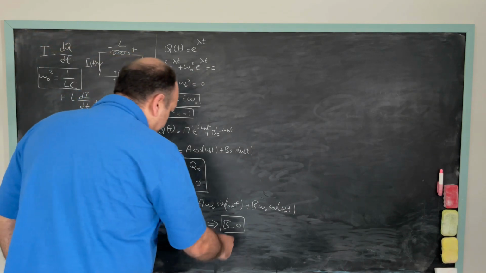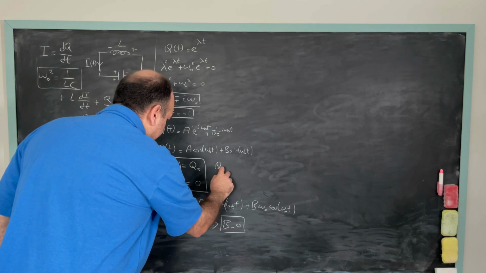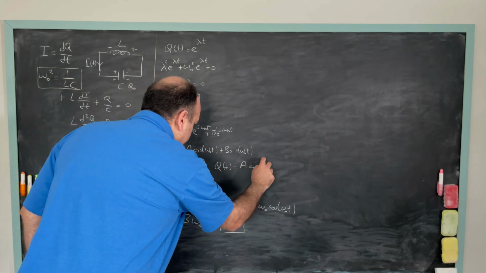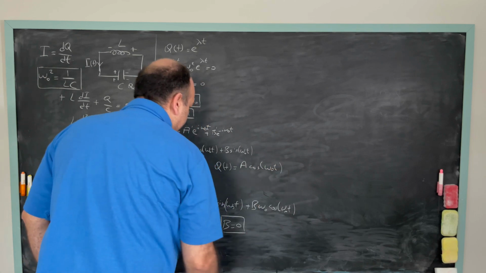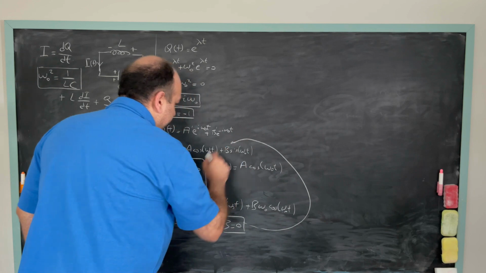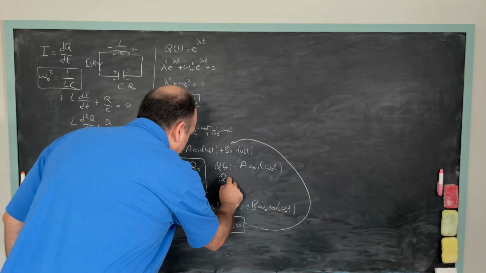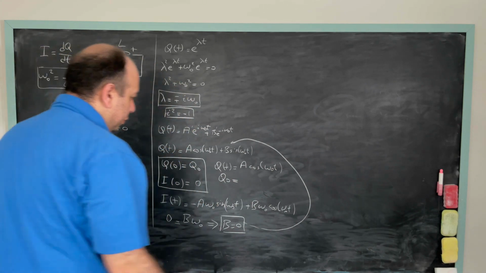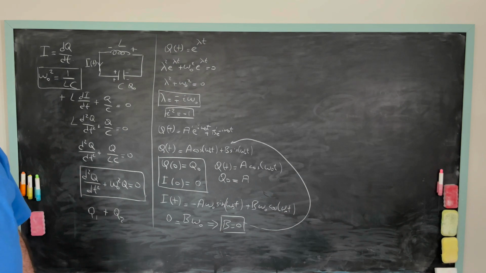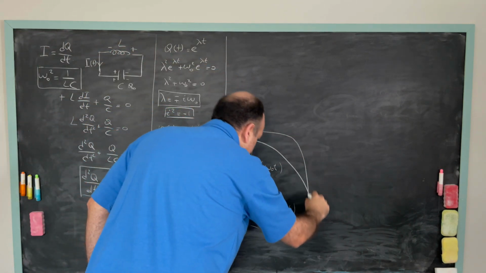Using this, we already know that Q of t is simply equal to A cosine omega naught t, because we inserted B over here. So Q naught, when t is equal to 0, is equal to A. Okay, very good.